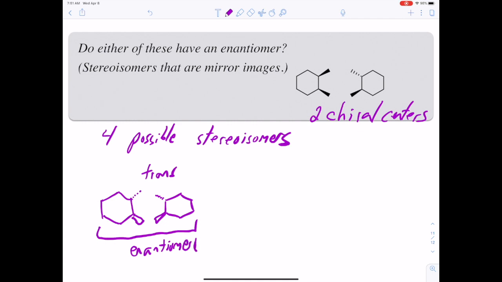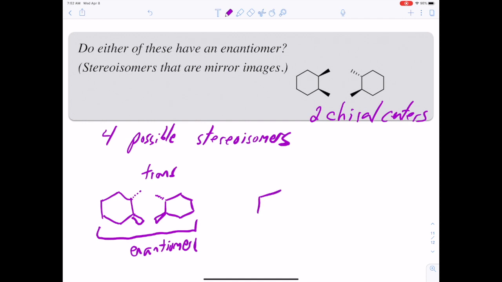There are actually two different trans versions of this molecule. If you try to rotate one of these and make it identical to its mirror image, you cannot. They're not superimposable. So the trans form does have an enantiomer.